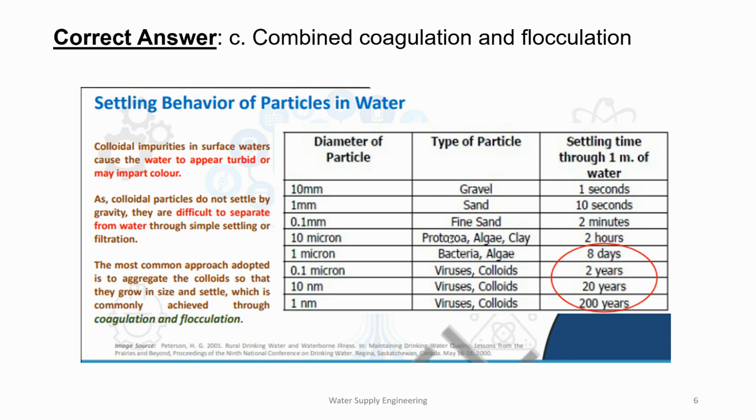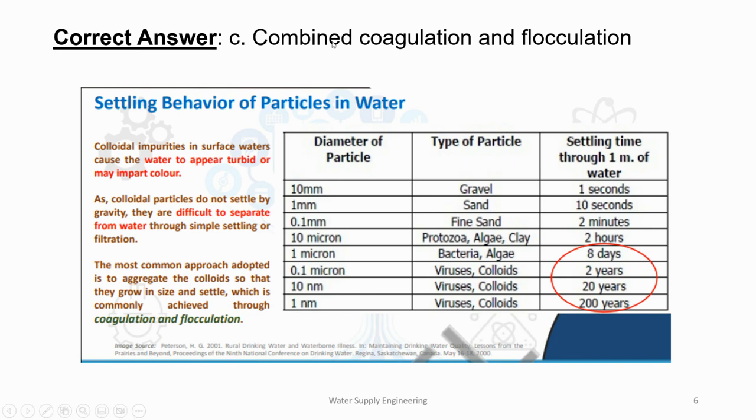Only the suspended solids, which get settled in case of static or stagnated water, we can remove by simple filtration. So when it comes to colloidal particles, they do not settle by gravity. So the most common approach is to make them into a larger group and then forcefully make them to settle.